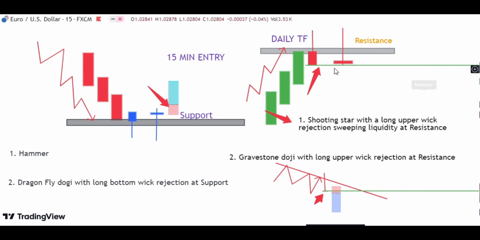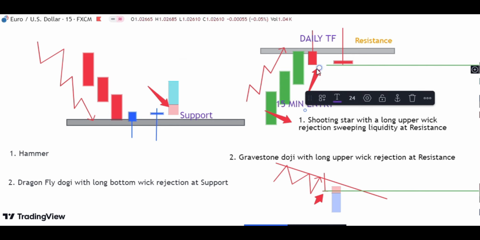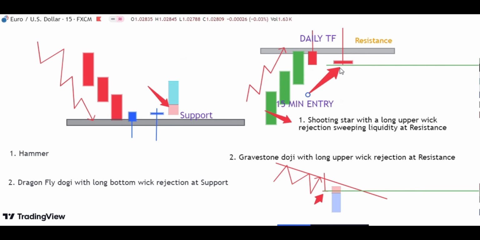And because this is still a daily time frame, now the next day in a 15 minutes time frame, you are looking to sell below this green line, guys. You are looking to sell below there in the 15 minutes time frame the next day.